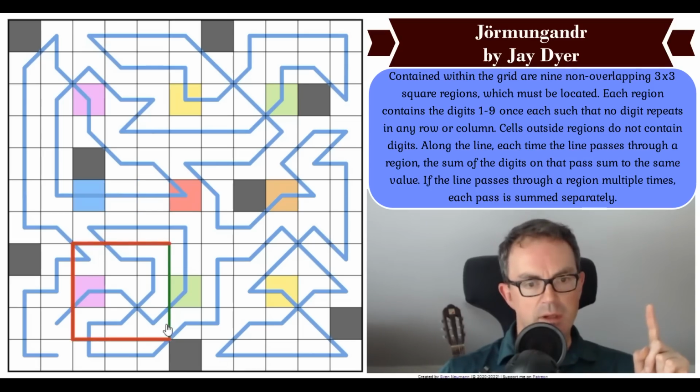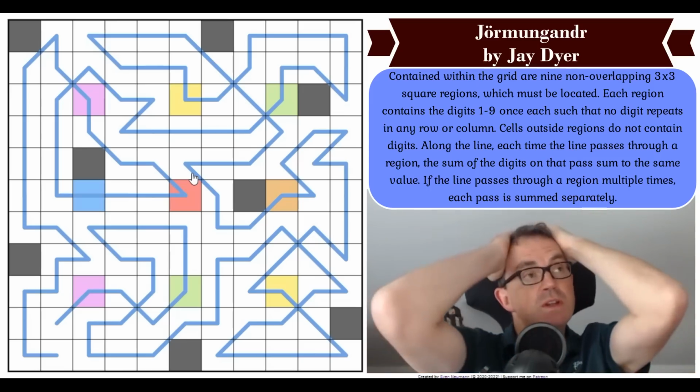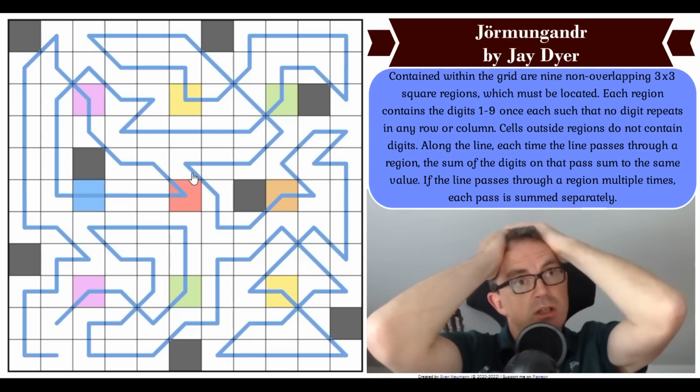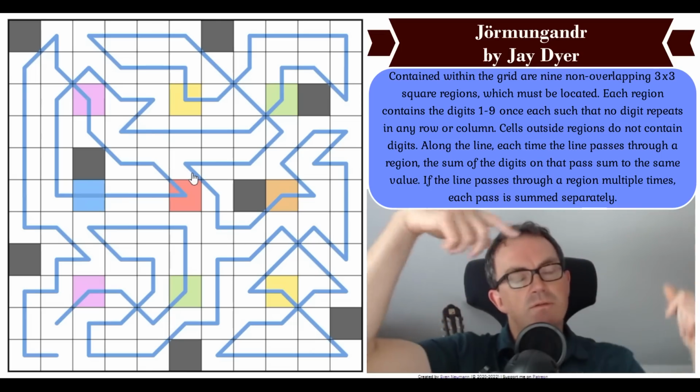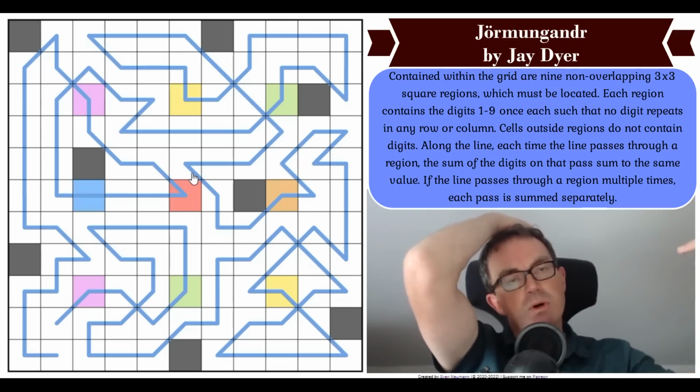So what now do we have to do? Well, we have to work out what possible factors of 45 work for the value, if you like, for each pass, how much the line is picking up on each pass into a box.